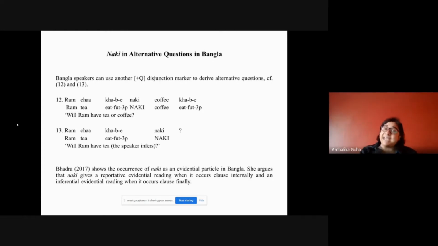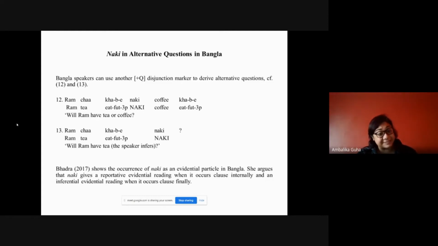Naki is another question particle in Bangla, which occurs both in polar questions as well as in alternative questions as the disjunction marker. So, for example, 12, Ram cha khabe, naki coffee khabe? Will Ram have tea or coffee? And we can see naki occurring at the end of the sentence in 13, Ram cha khabe naki?